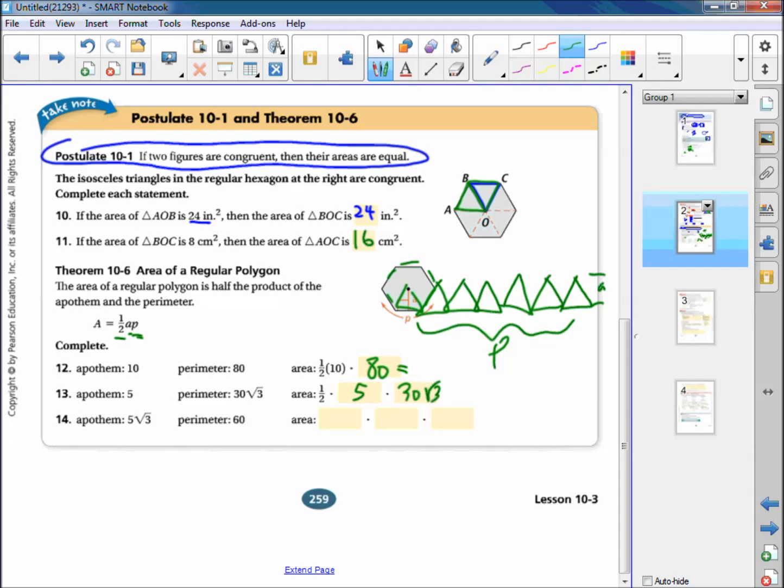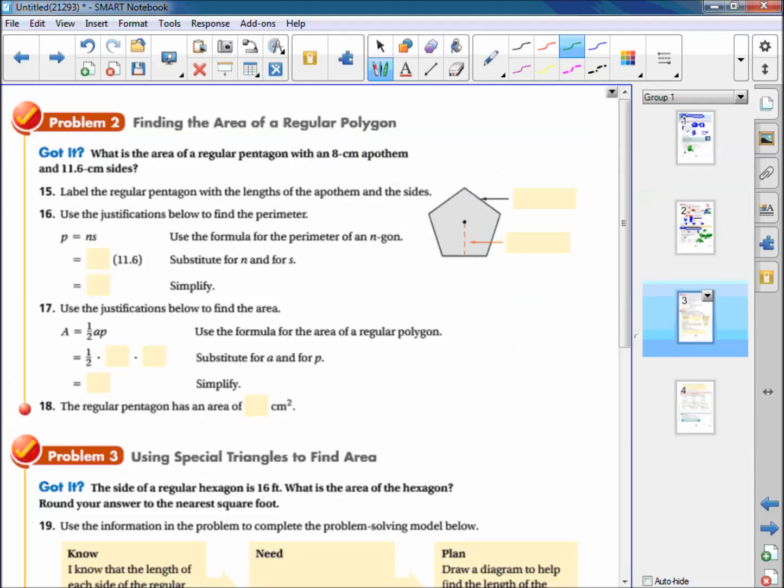Okay, and we don't have to work these out. We're just filling in the boxes. And if the apothem was 5√3 and the perimeter was 60, the area would be 1/2 times 5√3 times 60. All right, let's flip it over and look at the next page.